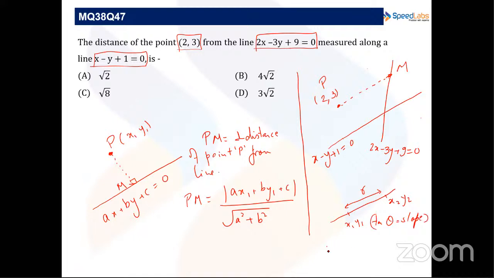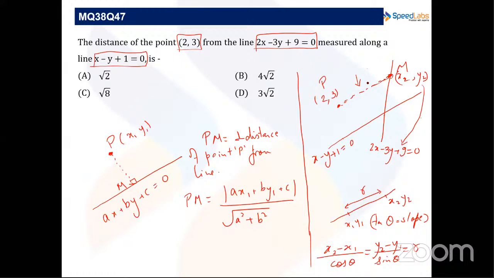So our equation is (x2 minus x1) by cos theta equals (y2 minus y1) by sin theta equals r. So for this line PQ, we need to find two things. First of all, let's say we have a point here, and its coordinates are x2, y2. The coordinates x2, y2 will satisfy the line 2x minus 3y plus 9 equals 0.